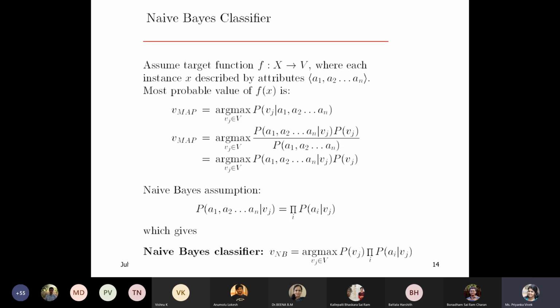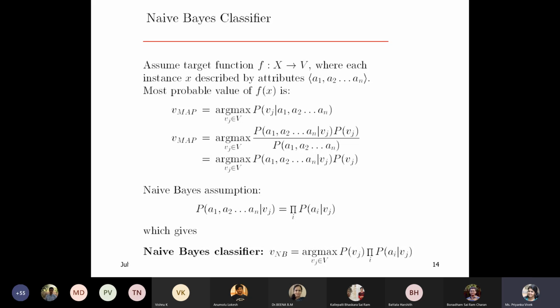So for all this we find, and then whatever is the maximum we try to find as our final output. Okay, and since we are taking the maximum only, we'll take only the numerator part. So that's why it is written a1, a2, an given Vj into P of Vj. When you write given Vj, that is your conditional probability. When you just write P of Vj, that is your normal prior probability.